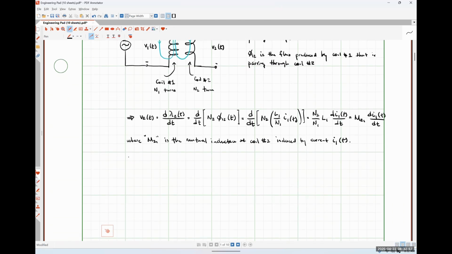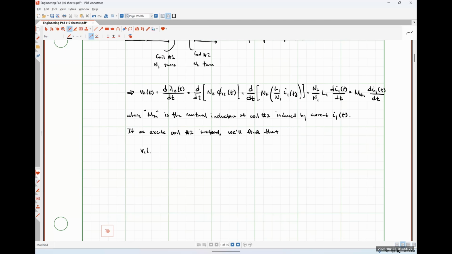So just as a quick note, if we excite coil 2, we'll find that our voltage V1 is going to be the derivative of phi1 of t, and I'm going to skip those several intermediate steps, and it's going to come out looking like N1 over N2 times L2 di2 by dt, which is equal to M12 di2 by dt.